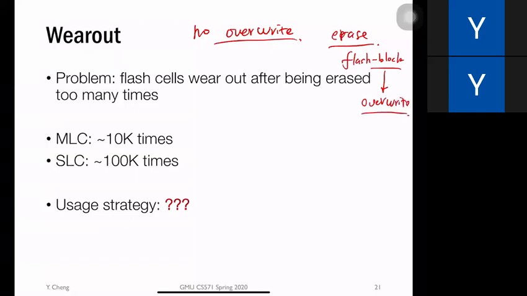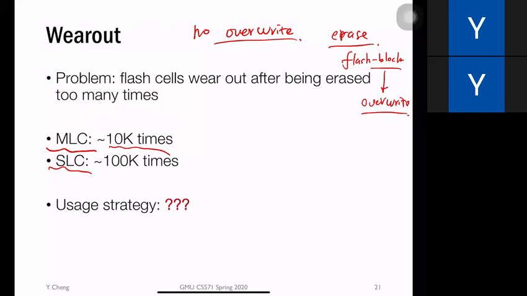This erase operation impacts the lifespan, the lifetime of the flash device, because each cell can only be erased a limited number of times. For MLC, the lifespan is typically in the range of tens of thousands of times, right? That is why it's less robust compared to single-level cell, which is in the range of hundreds of thousands of times, roughly 10 times longer in terms of lifespan compared to multi-level cell.